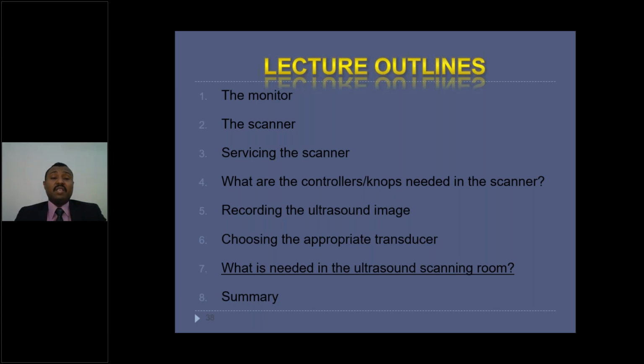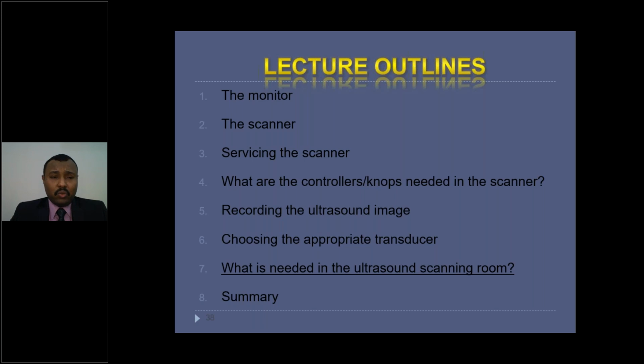So by reaching this slide, which is slide number 38 from the beginning of this lecture, we have addressed several pieces of information, from point number 1 to point number 6. I will remind you of them again quickly. The first point was dedicated to the monitor, the scanner, and several tips that should be available on your ultrasound scanner, without forgetting points related to servicing the scanner.